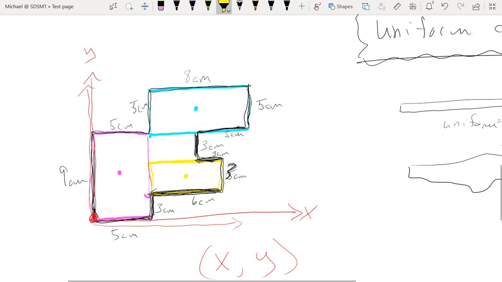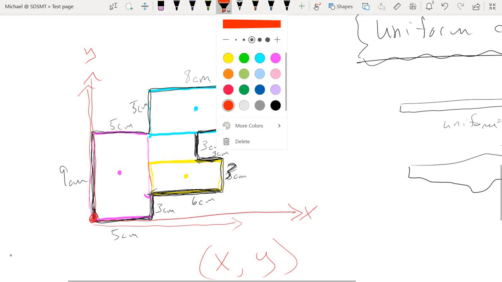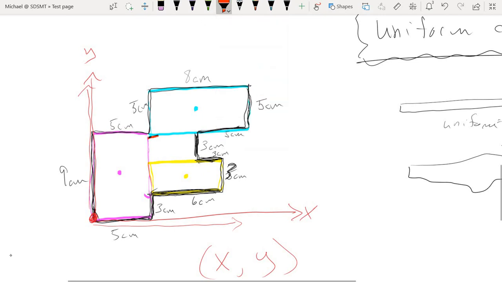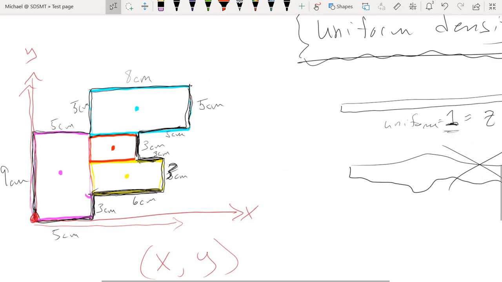And so the way I see this, even though you might have a different idea as to how you want to segment this piece of sheet metal, I'm thinking the smallest number of segments that we can get away with is 4.